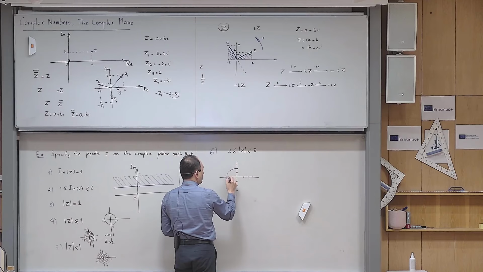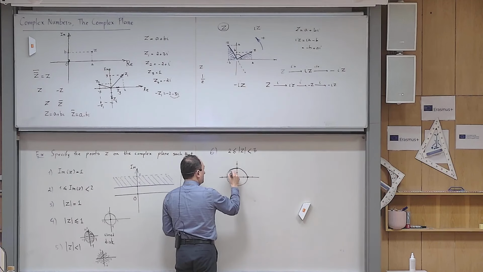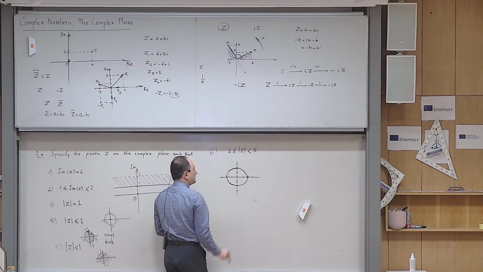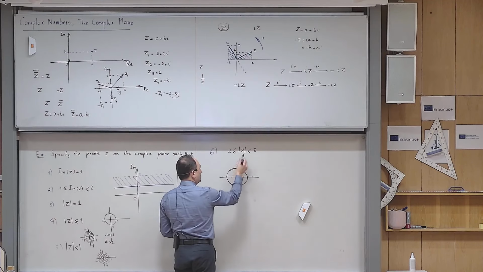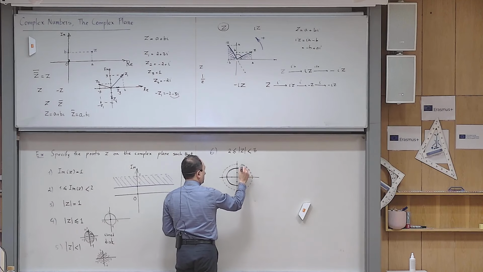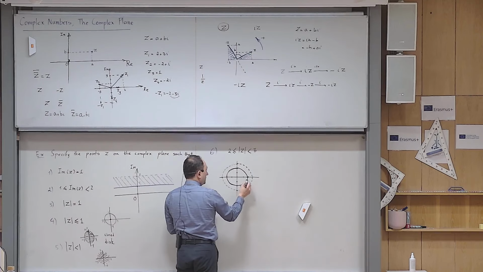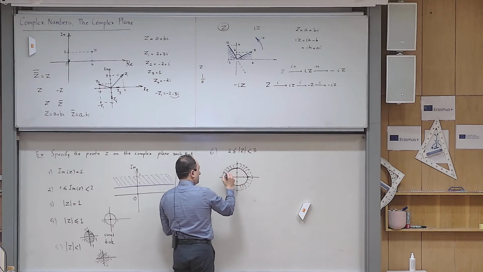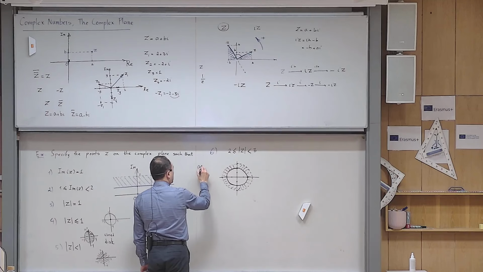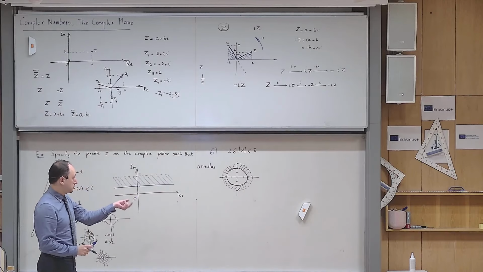I will consider this a circle with a solid line, because it is included. The next one has radius 3, but that is not included. And then you have to show that you are respecting the double inequality, so everything in between is also acceptable. In mathematics, that shape is called an annulus.